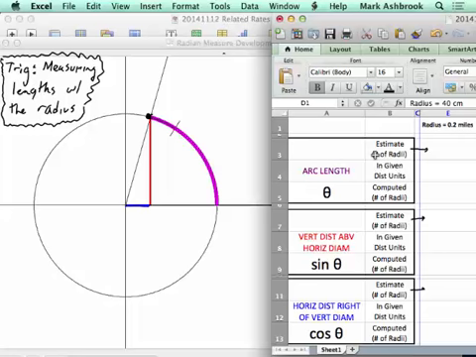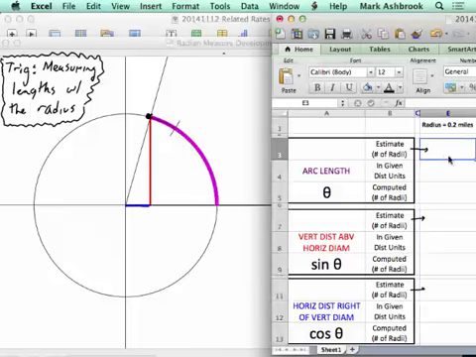Okay, if you're tracking, what are these estimates? Same as before, because it doesn't matter how we're measuring the radius in terms of miles or centimeters. We're still measuring this arc length in terms of the radius. So our estimate is 1.25.